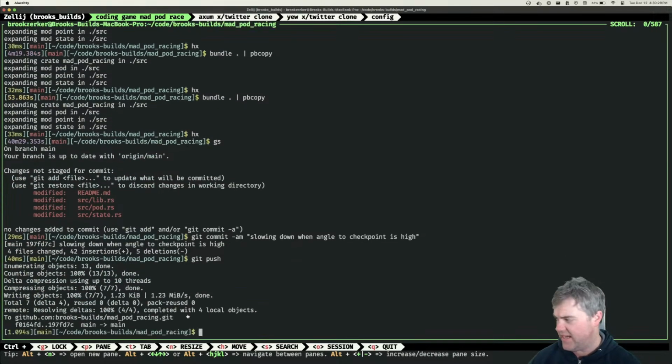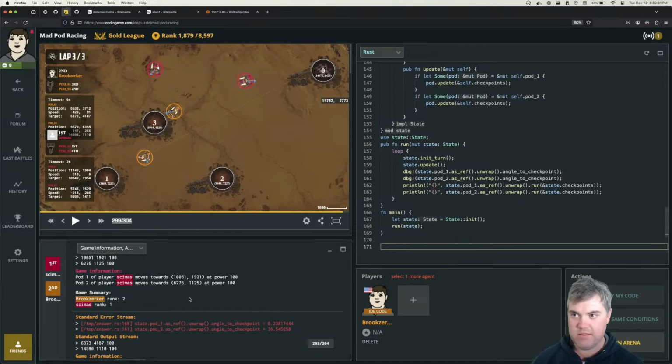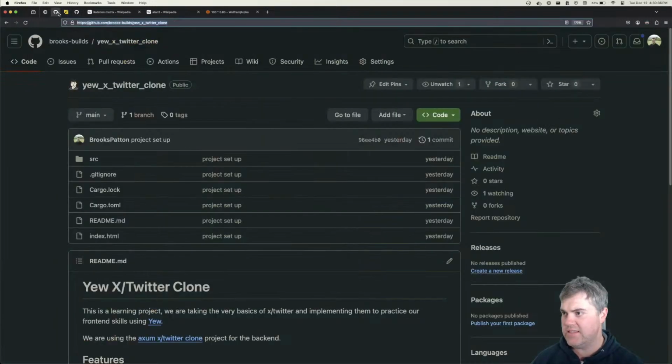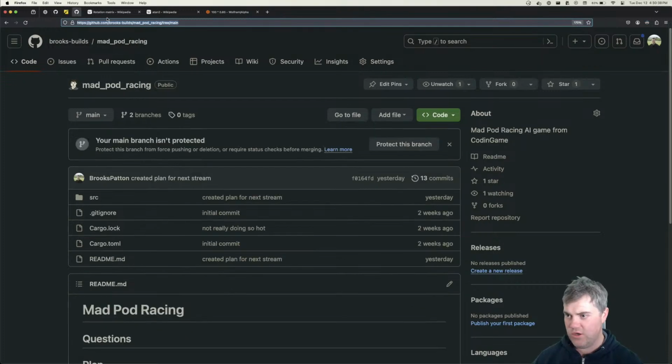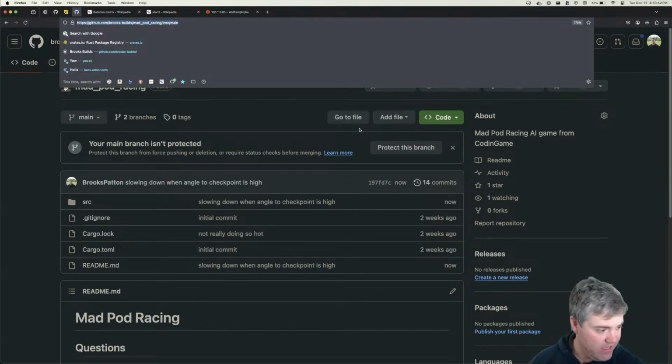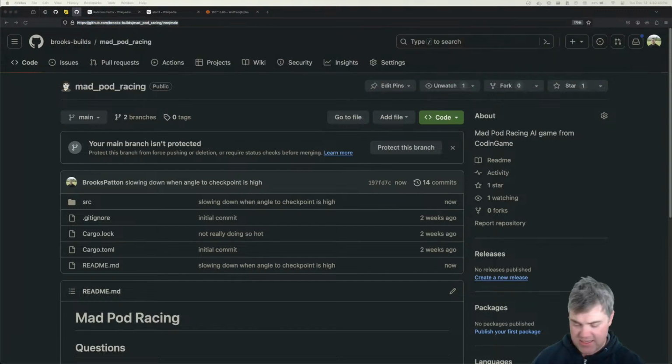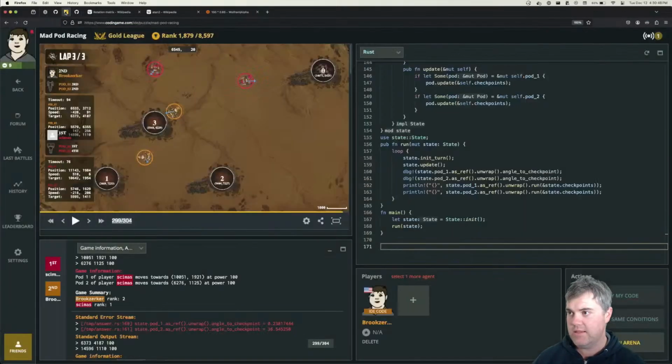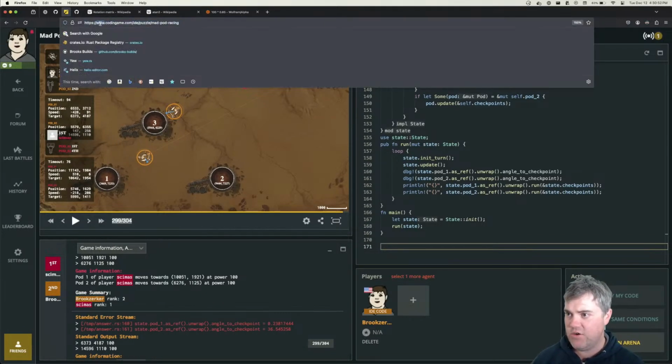Go ahead and push that. If you want to take a look at this code, here is a link to it. And if you want to play, it's at codingame.com.